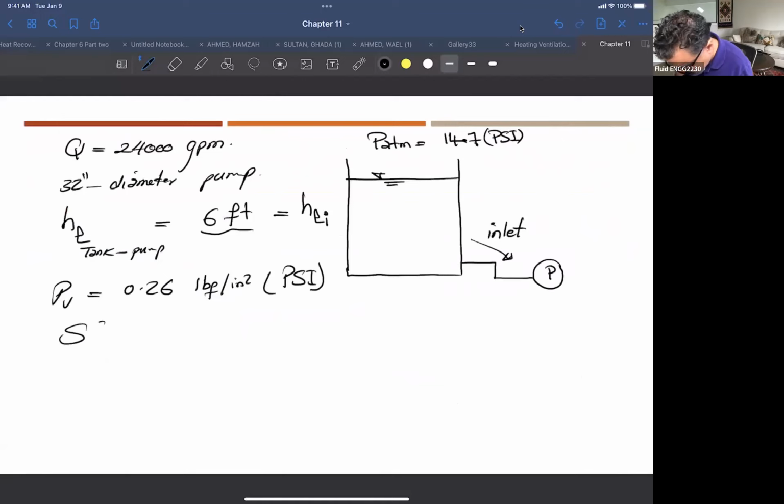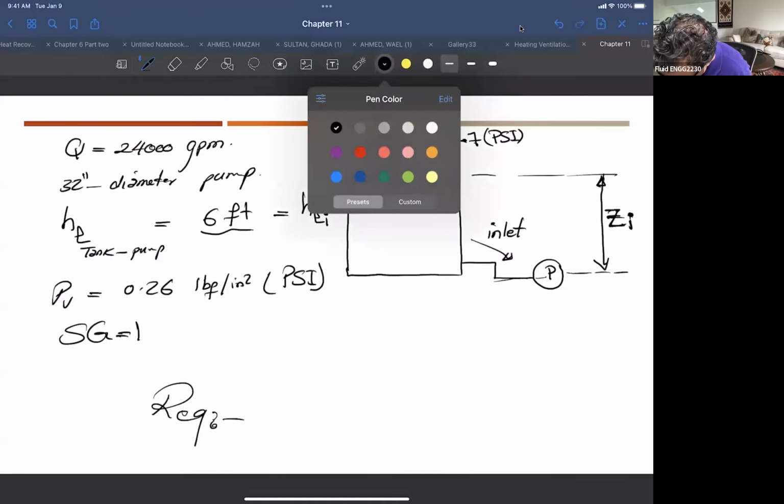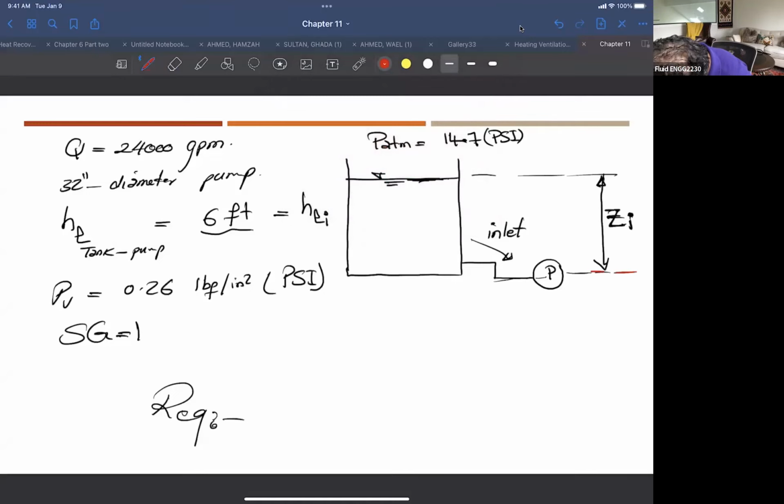And he's asking you to find out where this pump is located from the level of this tank. So this is the Z location of this pump, right? So from this surface here to the pump.